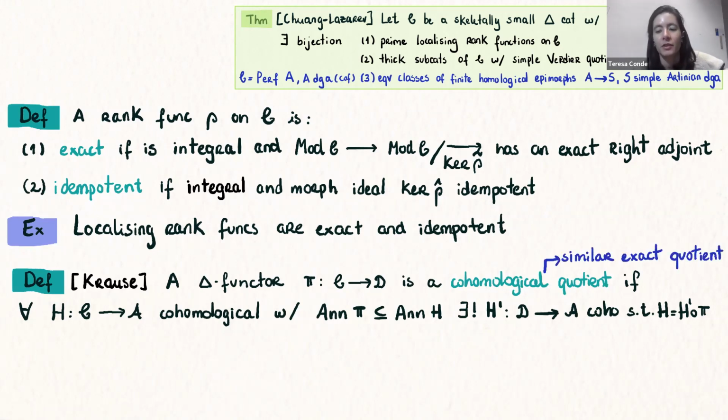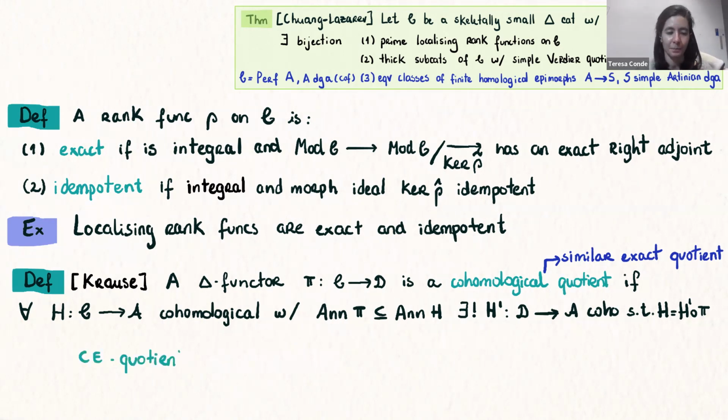The notion of an exact quotient is quite similar. So to define an exact quotient, we just replace here the word homological by a triangulated functor. And again, here, this should factor through using a triangulated functor. So that's the definition of an exact quotient. We just replace homological functor now by triangulated functor.